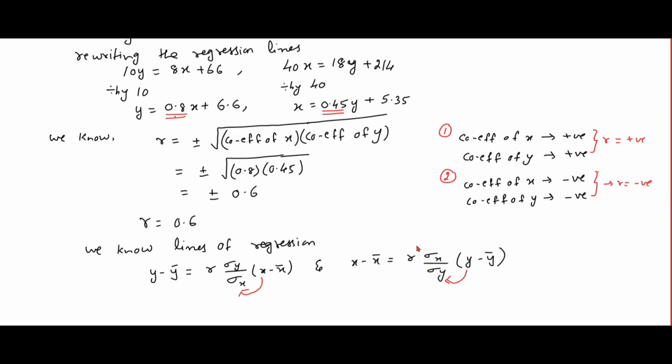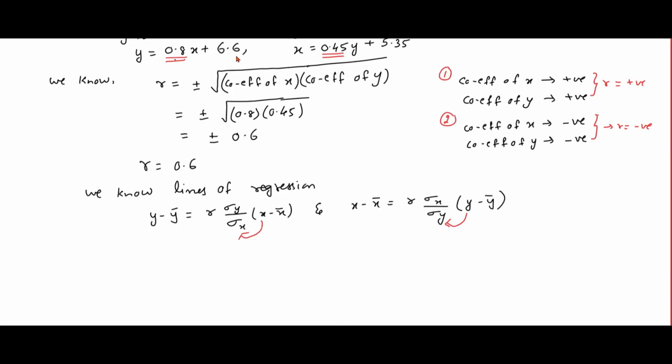So we'll take the coefficient of x from here and the coefficient of y from here and take down the expression. If you want, you can take this as equation number 1, this as equation number 2, and this as equation number 3, and this as equation number 4.